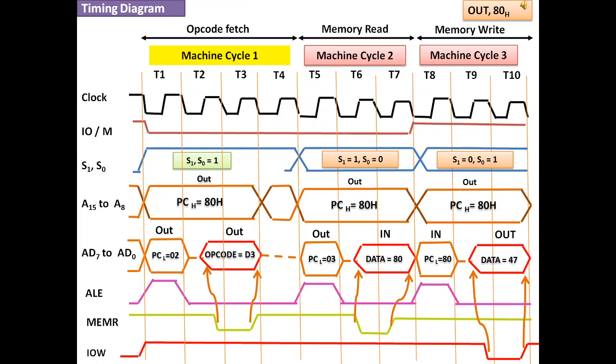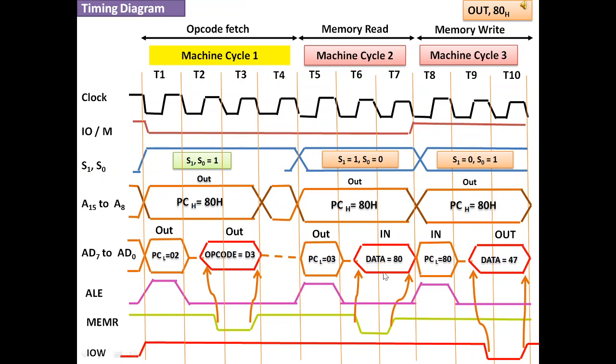So again the first T state will be meant for addressing, and the last two T states, that is T6 and T7 of this machine cycle, will read the data into the microprocessor. Now the microprocessor has the physical address inside it.